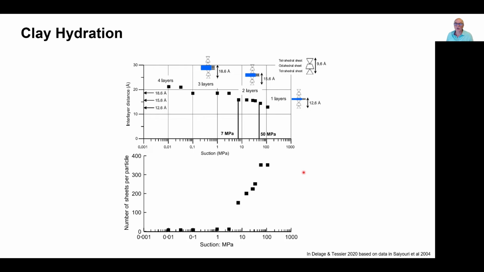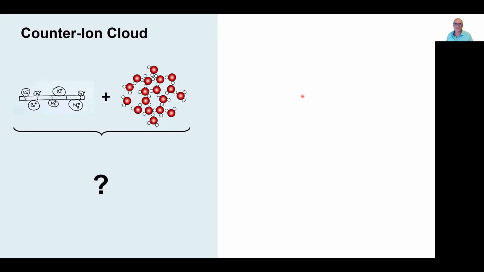But if you control the amount of water that you throw by controlling the suction, which is the variable on the horizontal axis here, you begin allowing for 1 monolayer of water, 2 monolayers of water, 3 monolayers of water to absorb while it is hydrating the cations, and this is the origin of swelling.